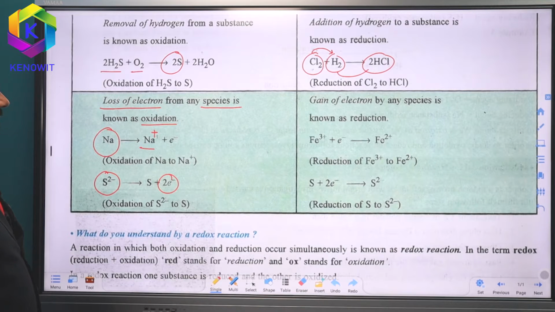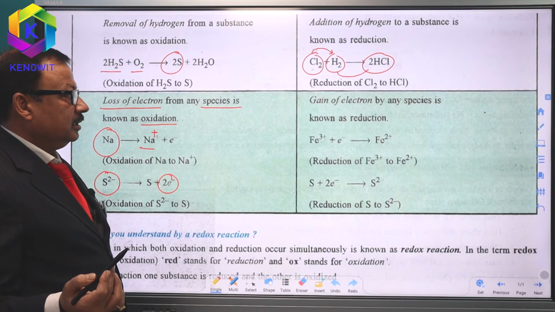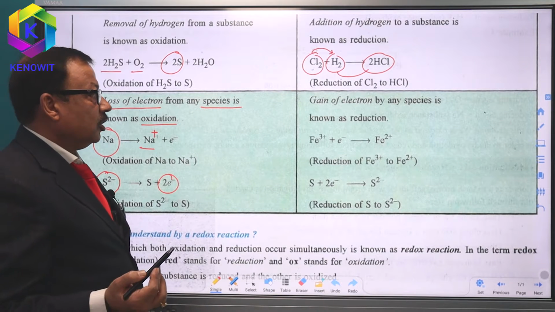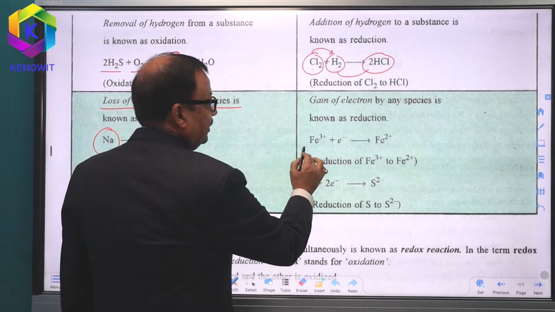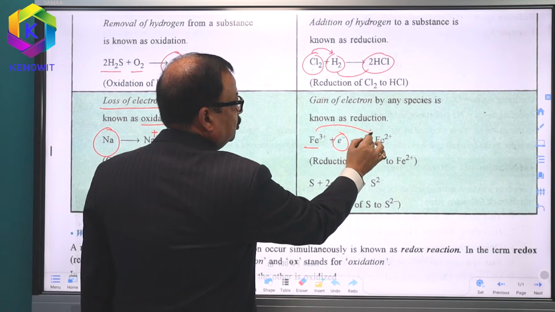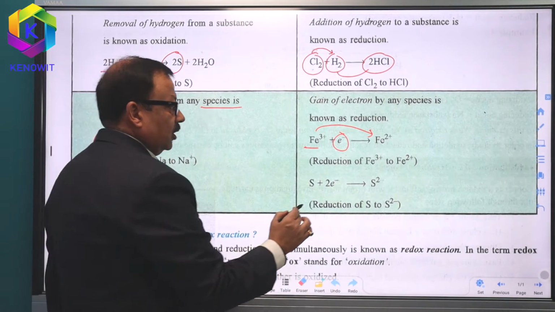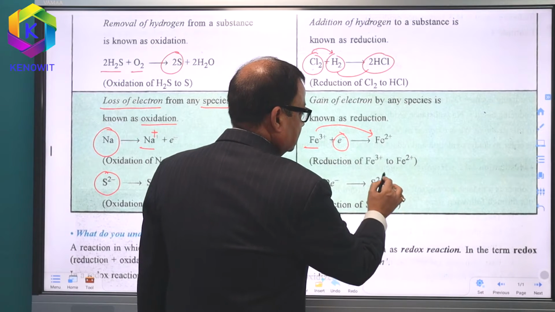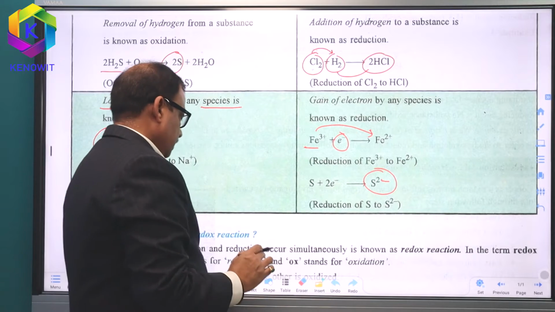And the reverse of oxidation in the electronic concept is addition of electron, electronation, like Fe3+ gains 1 electron and becomes Fe2+. Then sulfur gains 2 electrons and becomes S2 minus, the sulfide ion, and this is the ferrous ion.